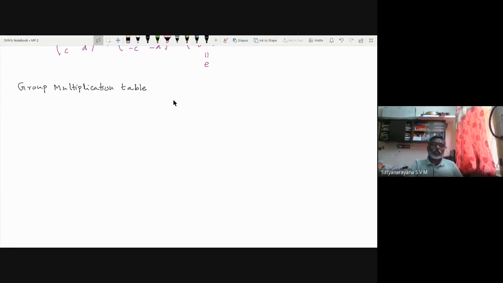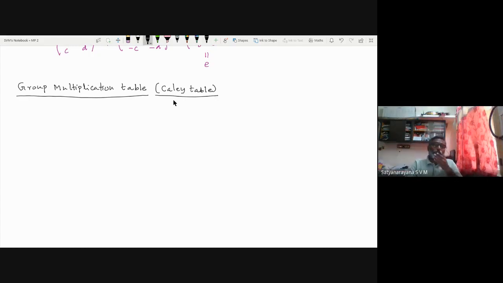Here this word multiplication is used in a very generic sense. We should actually call it a group composition table or something like that. But generally it is called multiplication table, and some people also call it a Cayley table, even though it's not very much used in physics textbooks.